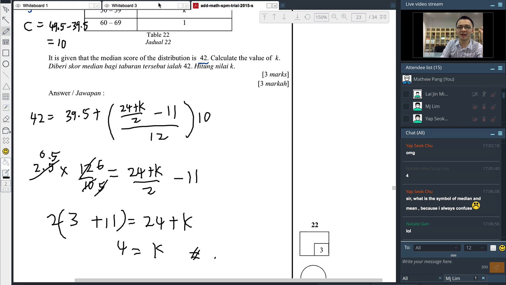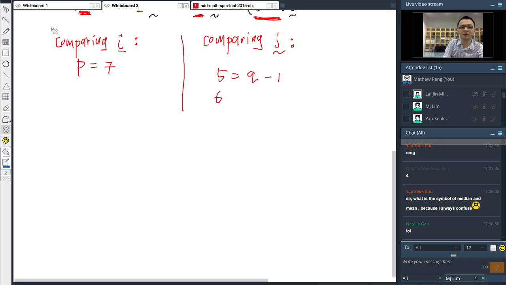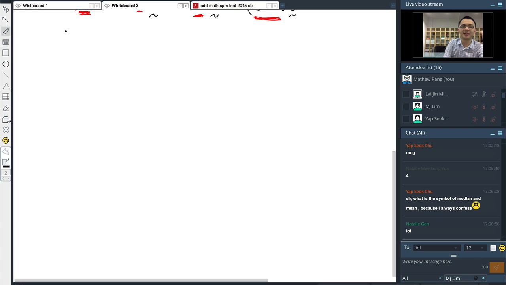Mean sometimes we will use, for example, depends on what chapter. In statistics, the mean we will write this way.